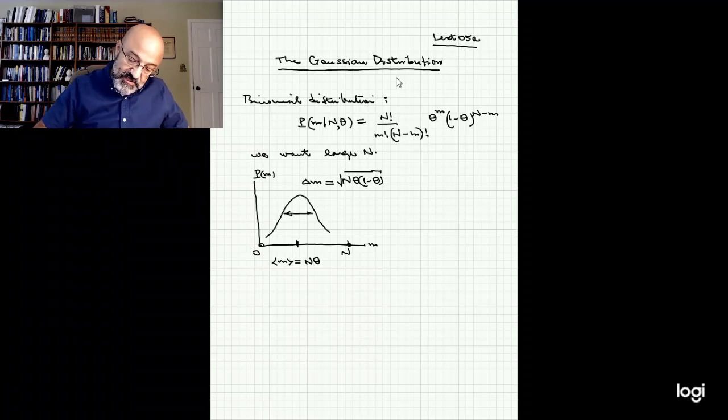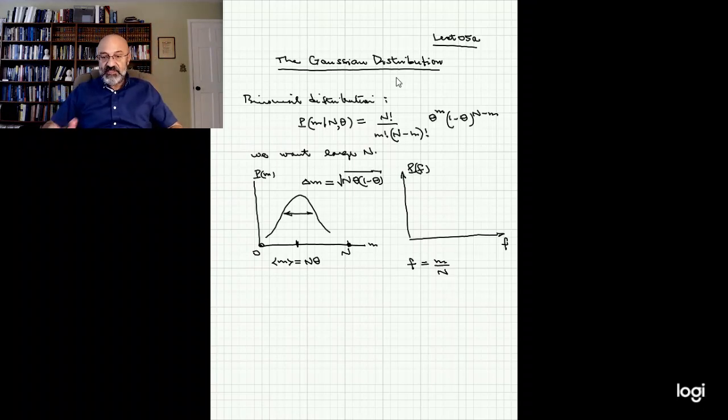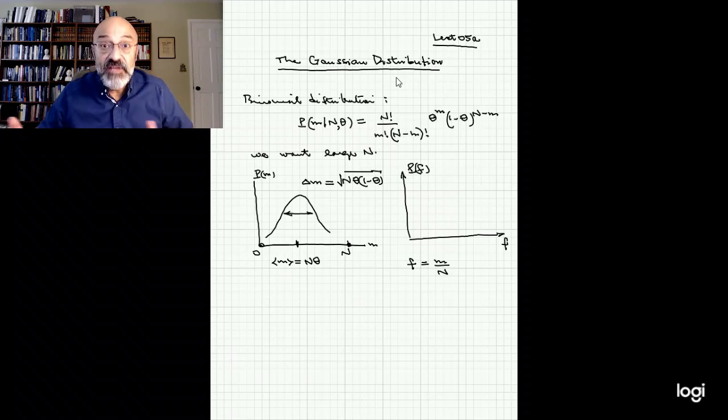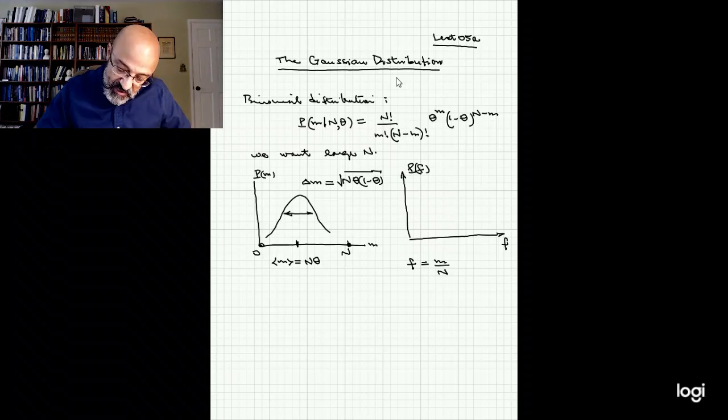We can plot this in terms of frequency. So if we plot frequency here, the frequency is defined as m over n. So what we're doing is exactly just plotting the same thing again, but instead in terms of the rescaled variable f. In this way, the x-axis goes all the way from 0 to 1.